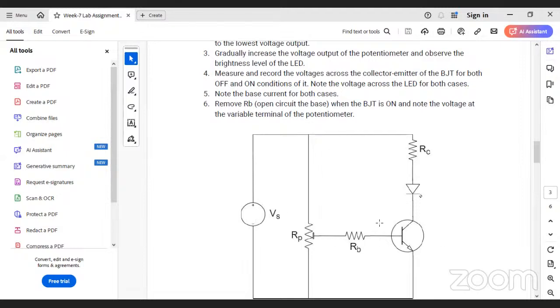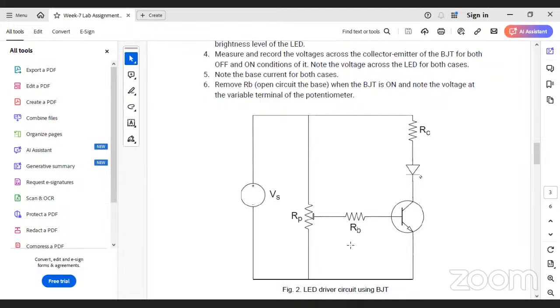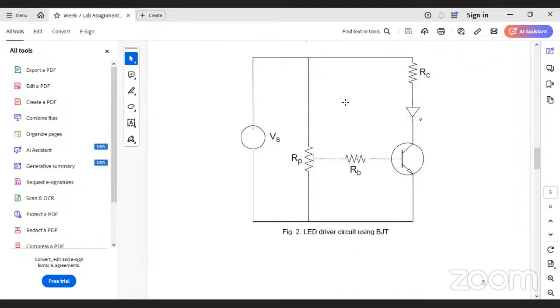Now when, at a point, you increase the output voltage of the potentiometer, the IB will increase, and accordingly the LED will gradually turn on. In that condition also, you have to measure both the voltage across the LED and the base current IB. Now you can remove RB in that condition, and also check the voltage at the variable terminal of the potentiometer.